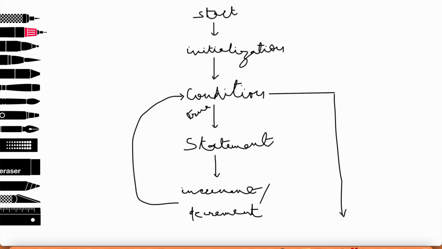I'll write over here false, and I'll write over here end loop. Okay, this is the flow chart of for loop.